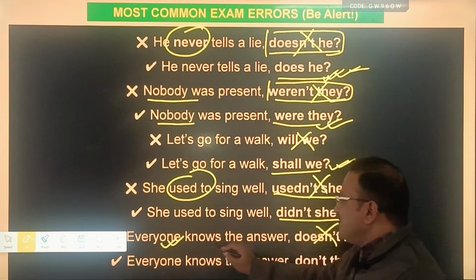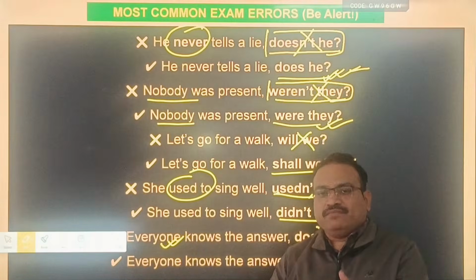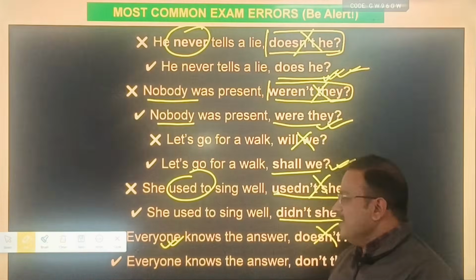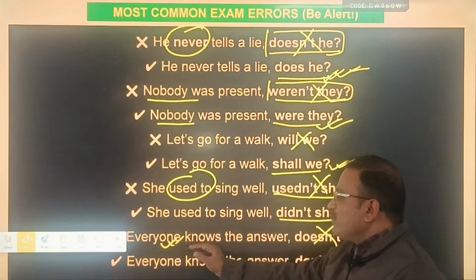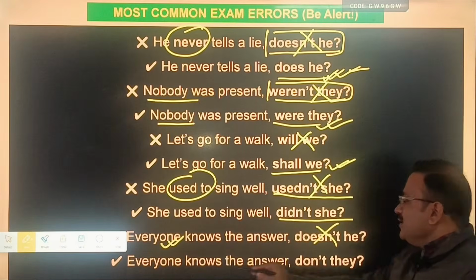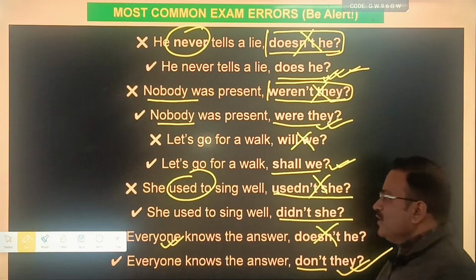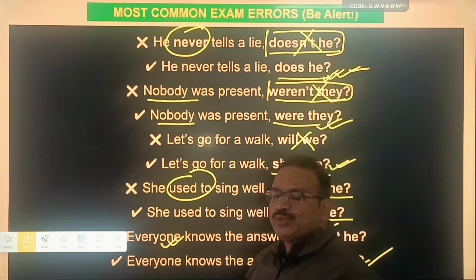Everyone. It seems to be singular, but it is talking about all, everyone, people in general. So, what would be the question tag? Plural. So, everyone knows the answer. Simple present. So, do, don't, they. We'll use they.